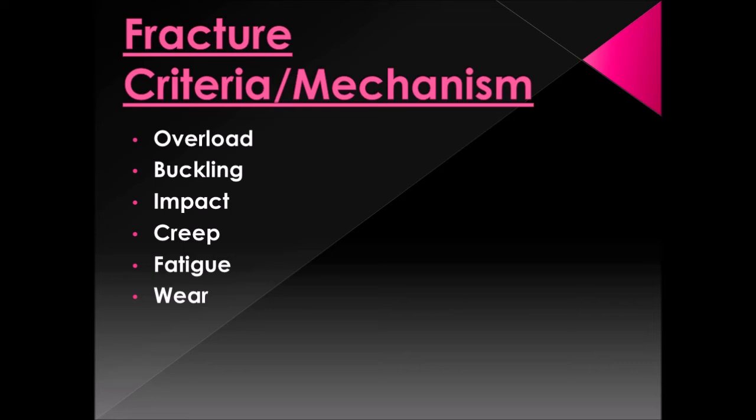Briefly, there are 6 main mechanisms due to which our bones or tissues fail or get fractured. These 6 are overload, buckling, impact, creep, fatigue, and wear.